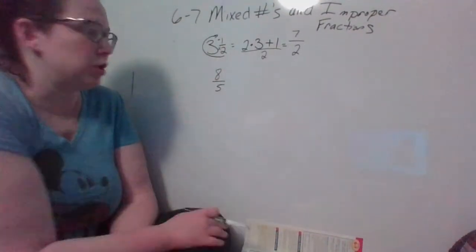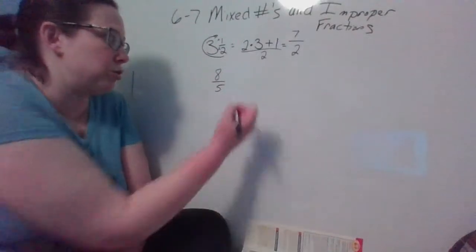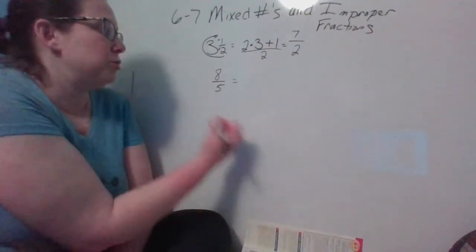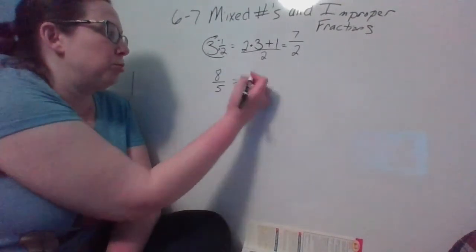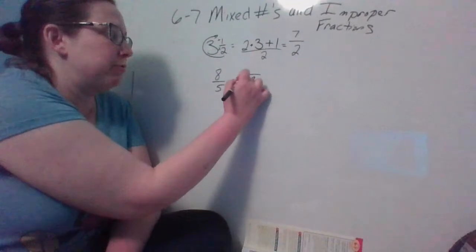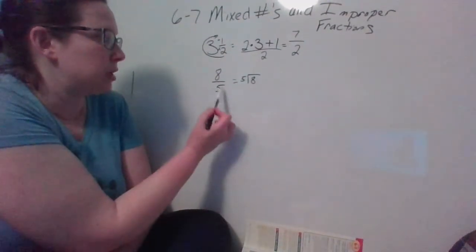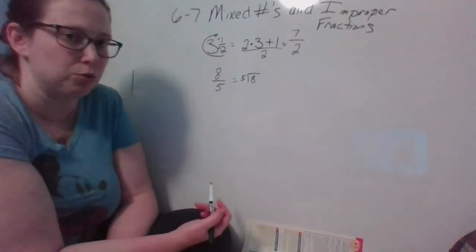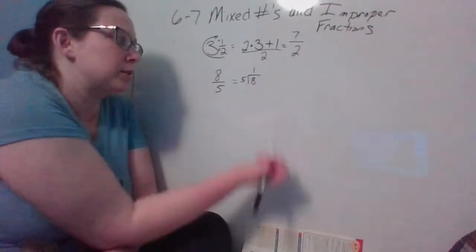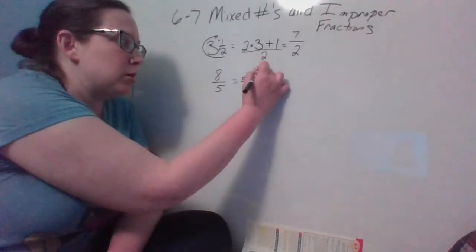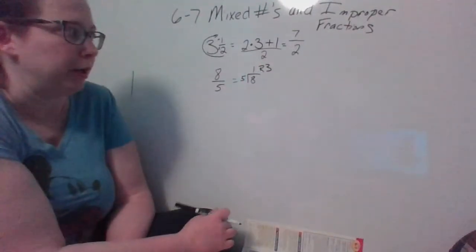The next thing is to change an improper fraction into a mixed number. To do that, you are going to take your numerator and divide it by your denominator. So we're deciding how many times that denominator can go into my numerator. So in this case, it goes in once and has a remainder of 3.